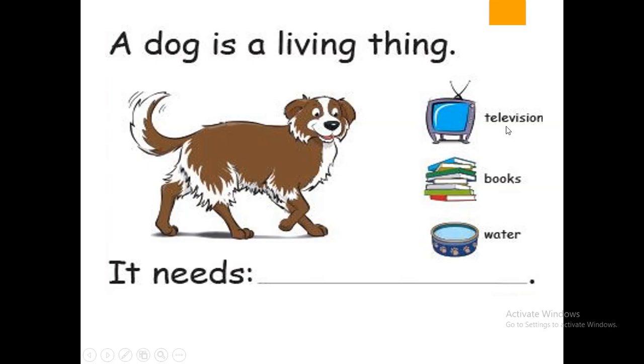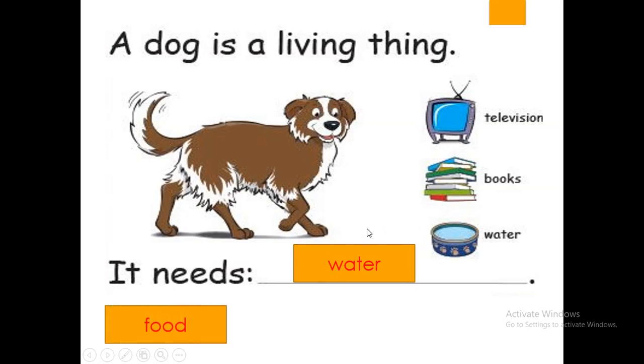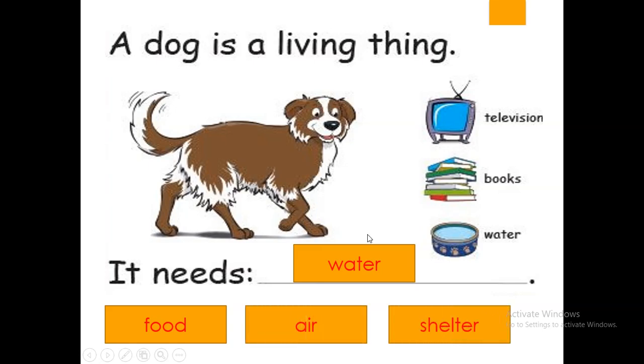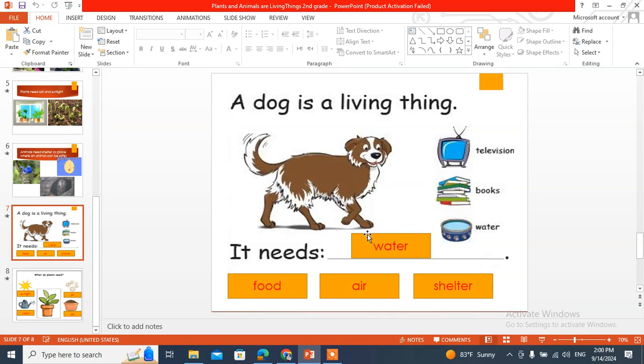It needs a television, it needs books, or it needs water? Of course, it needs water. Beside water, it needs food, air, and shelter. It's an easy lesson for you guys. I know that. Now, let's go to our book.